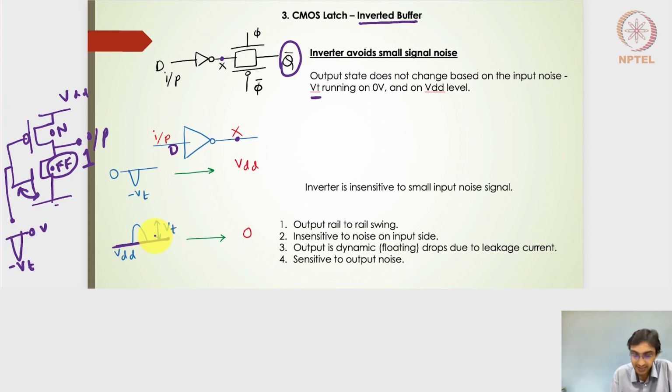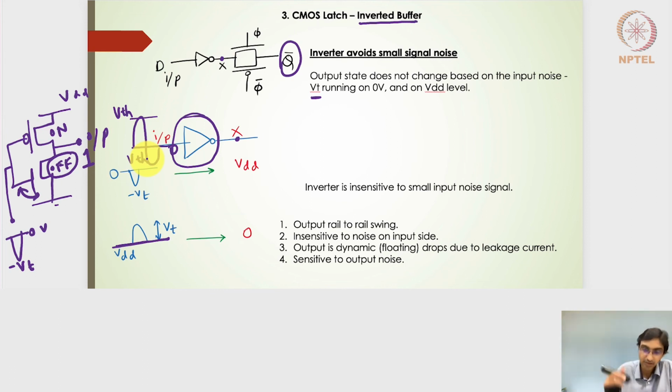The noise signal on this particular inverter will have an effect only if, whatever is the input here, whether 0 or VDD, it goes beyond VTH of the inverter, right? If it's a skewed inverter, it differs; if it's an unskewed inverter, we know that the threshold voltage of the inverter was around 0.5.